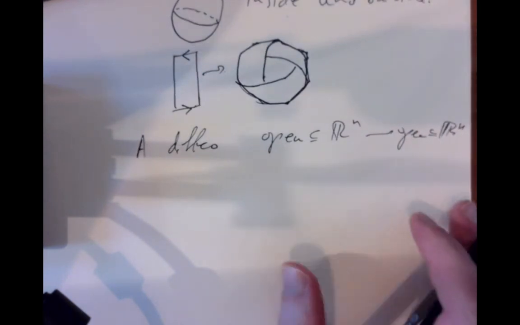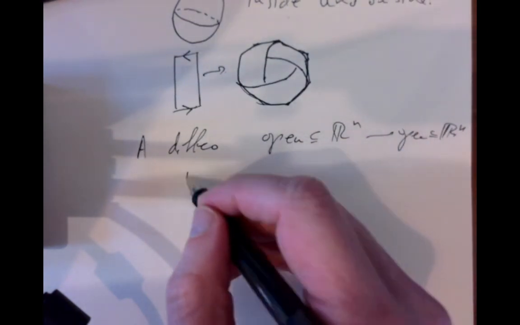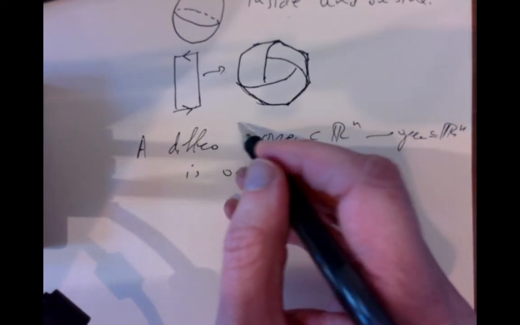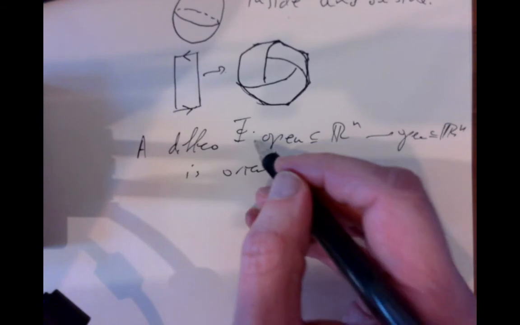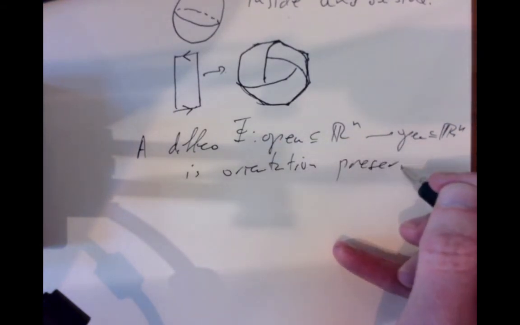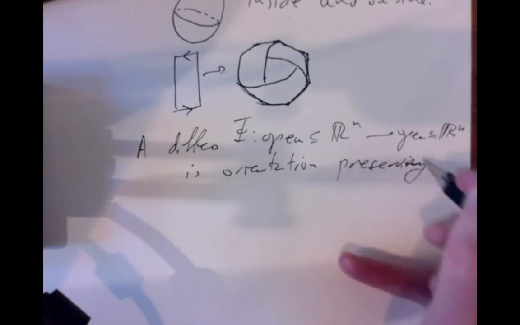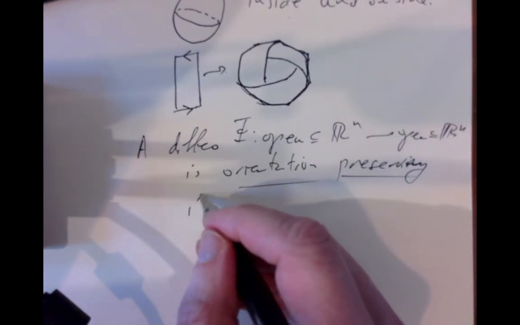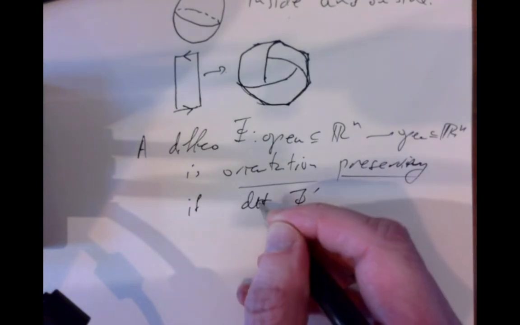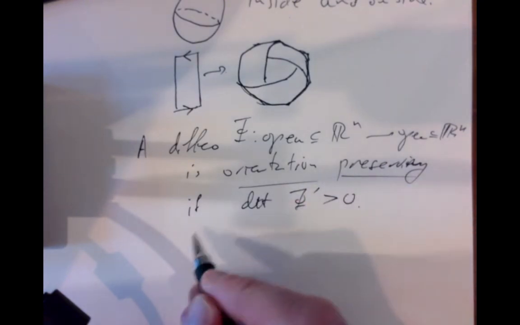A diffeomorphism between open sets in Euclidean space, let's call it phi, is said to be orientation preserving if the determinant of the derivative is positive. What's a derivative?